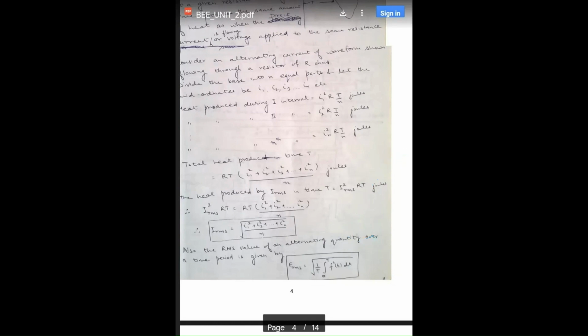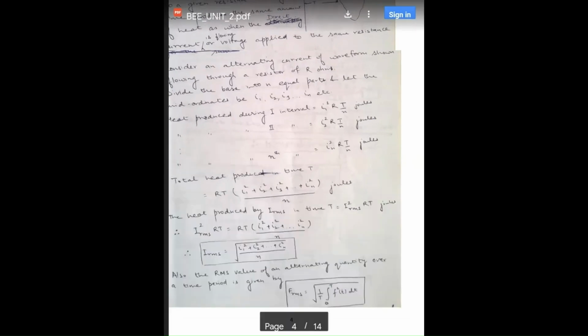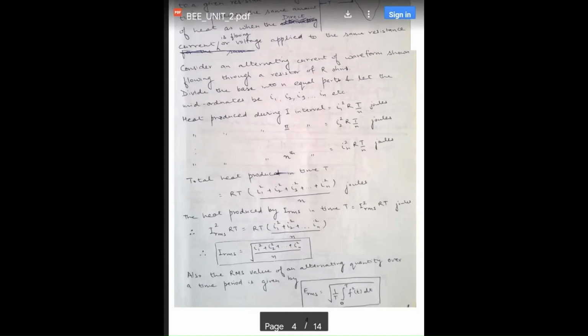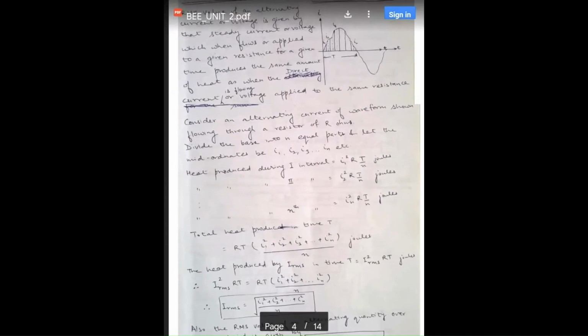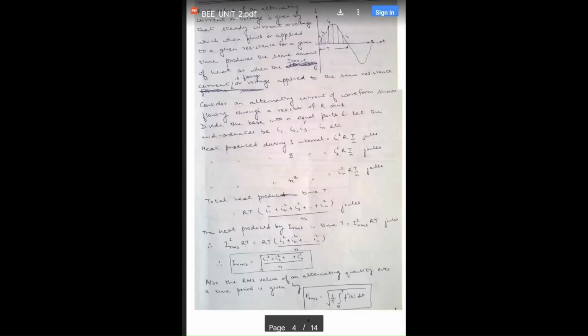But if the function is not defined, it cannot be clearly plotted on the XY graph. And similarly, the mean cannot be taken easily. Okay.